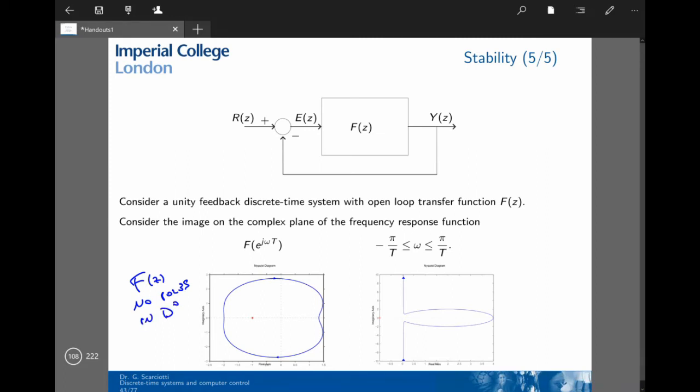In this other case, instead, you see that the Nyquist diagram goes to plus infinity and minus infinity over here, and this corresponds to a connection at infinity. So this means that this f of z has at least one pole on the unit circle.